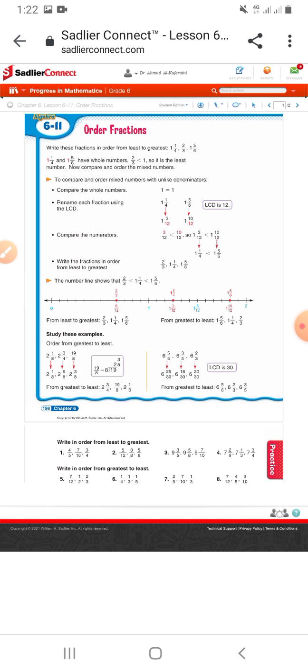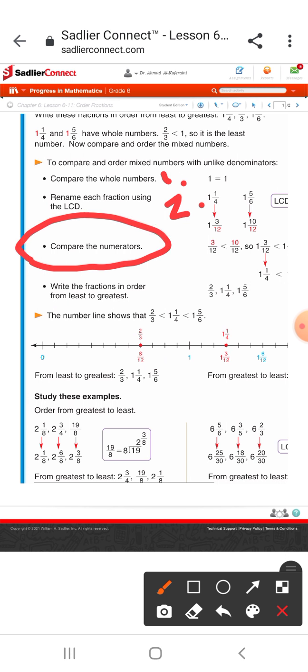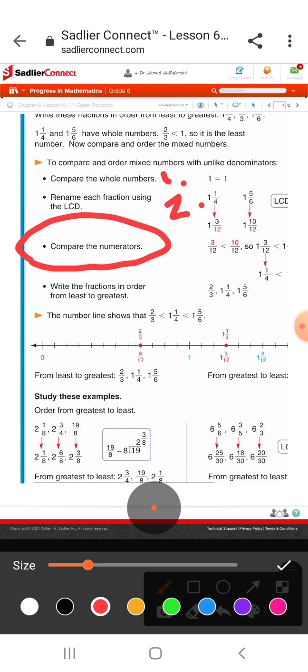So the last step is to compare the numerators. We have first to compare the whole number, then rename each fraction using the LCD, then compare the numerators. Then when we compare the numerators, now we can write them in order from least to greatest, okay?